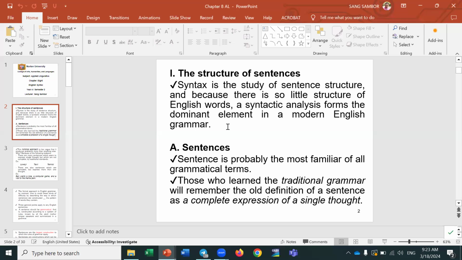As everyone learned some of this already, basically syntax here refers to the study of sentence structure, okay? And because there is so little structure in the English language, we generally use syntactic analysis, syntactic forms, or syntactic structures to help us identify the important elements forming a sentence in English language. You get what I mean?